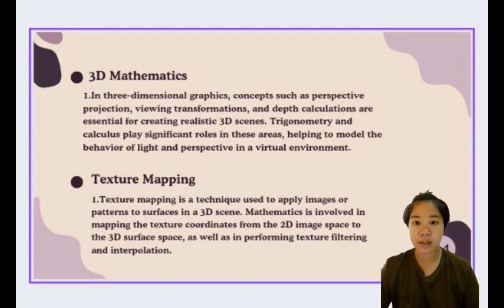Texture mapping. Texture mapping is a technique used to apply images or patterns to surfaces in a 3D scene. Mathematics is involved in mapping the texture coordinates from the 2D image space to 3D surface space, as well as in performing texture filtering and interpolation.